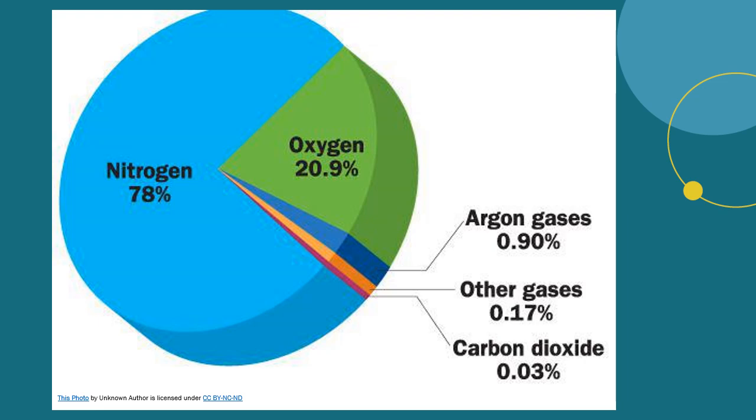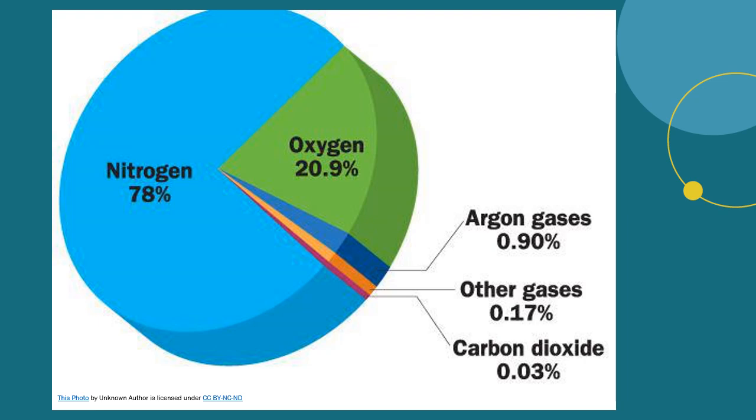Look at this pie chart. Did you know that air is made up mostly of nitrogen and oxygen gases? These gases comprise 78% and 20.9% or 21% of the atmosphere respectively.